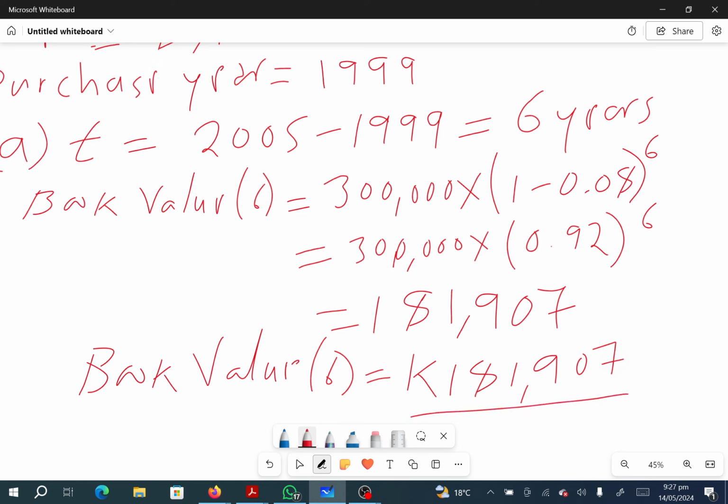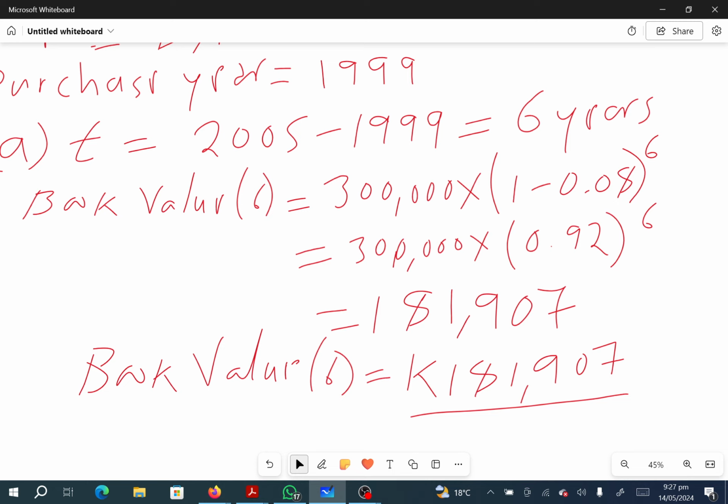So this is our book value. So what this means is that the depreciated value of the machine at the end of 2005 is approximately 181,907. Okay, can we move to B?